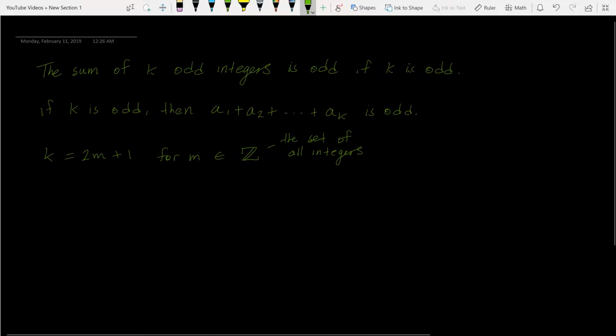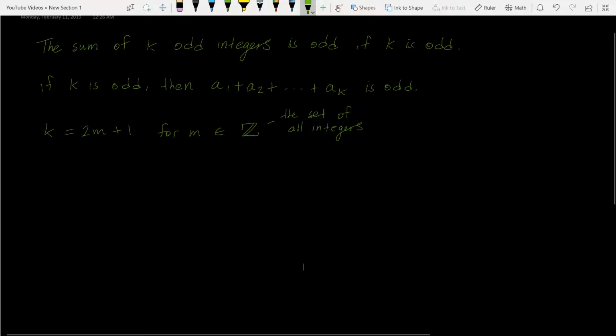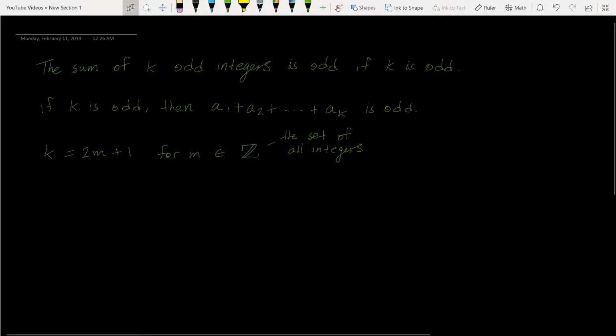And also, we can represent the fact that each term is odd by saying a sub I is equal to 2n sub I plus 1 for some n sub I in the set also of all integers, where I is equal to 1, 2, all the way to k.